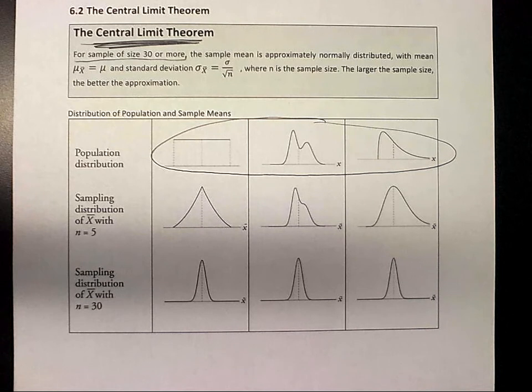Either the problem says that your population is normally distributed, then we can use z values regardless, or if it does not say that your population is normally distributed, we need sample sizes of 30 or more so that we know that our sampling distribution is normally distributed, so we can apply z values to that. So the main thing you need to look out for is a sample size of 30 or greater, unless it tells you your population is normally distributed.